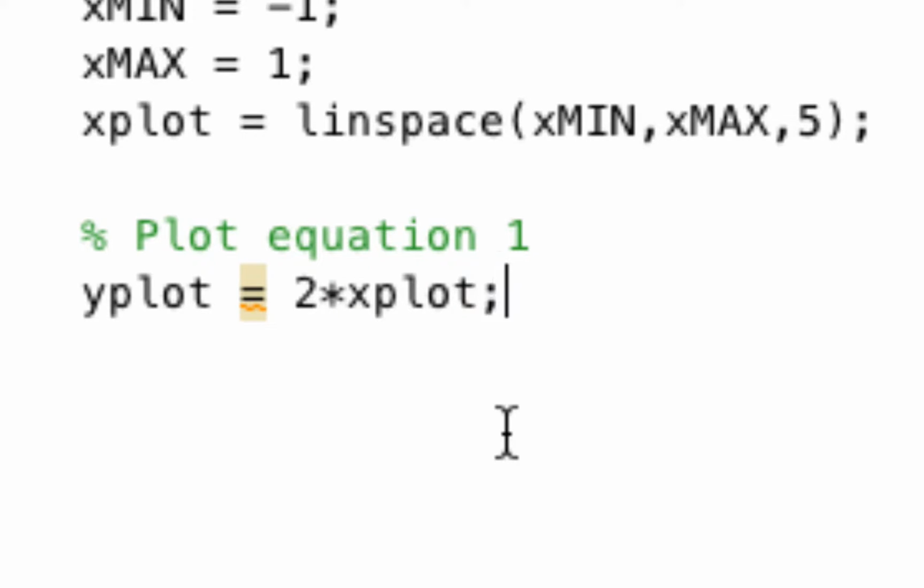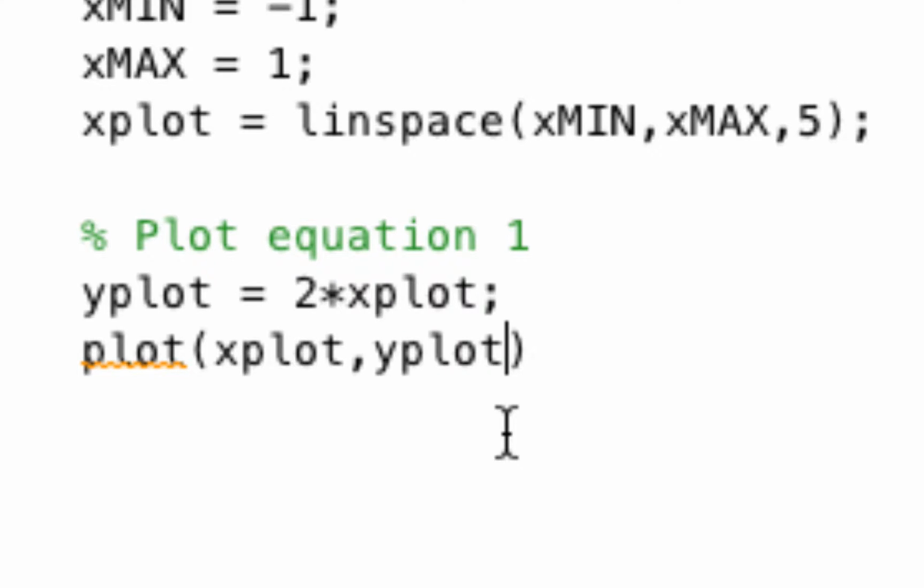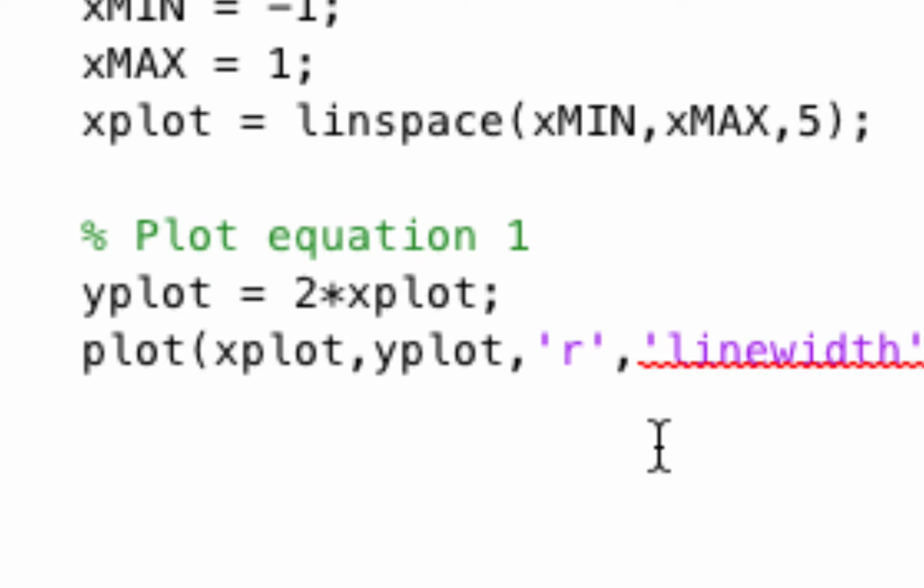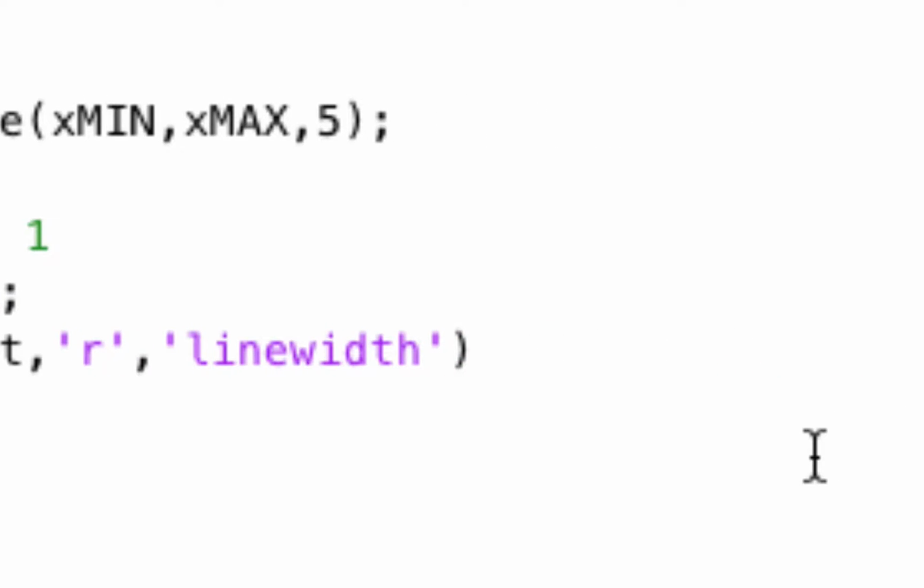Let's plot just this line going through the origin and having slope 2, plot xplot, y plot, maybe red and line like this.